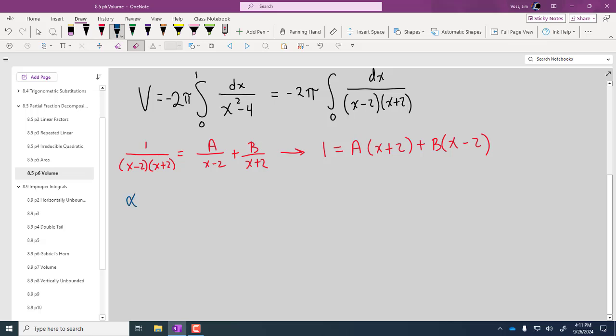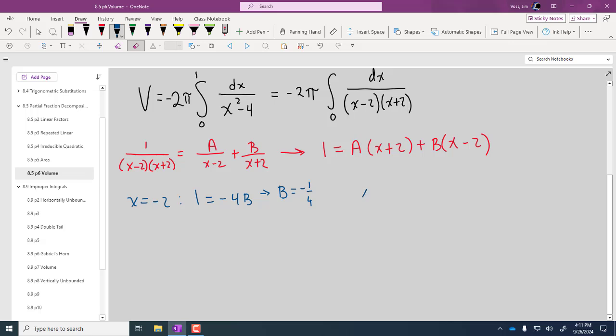The convenient values: x equals -2, plug it in right there, and we get 1 equals -4b. So b is -1/4.